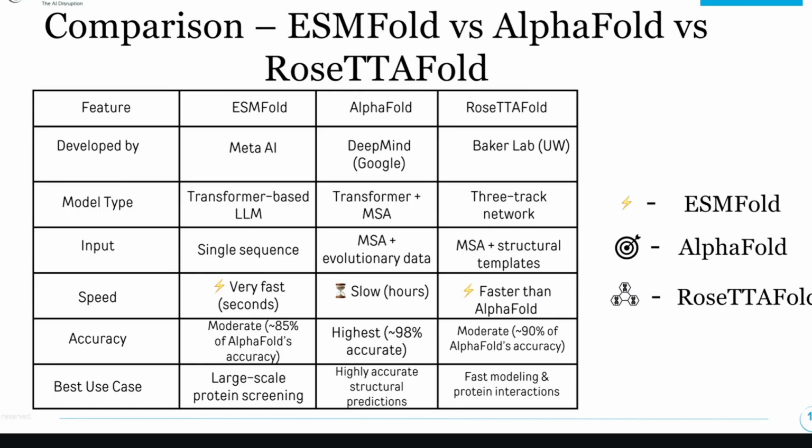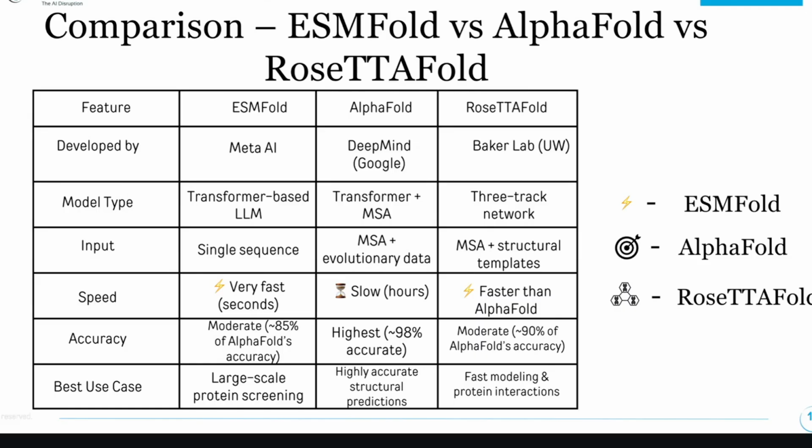These are predominantly protein sequence repositories that can be accessed from these websites. This transformer-based model learns protein structures from vast protein sequences, so there's no reliance on multi-sequence alignment or evolutionary data.